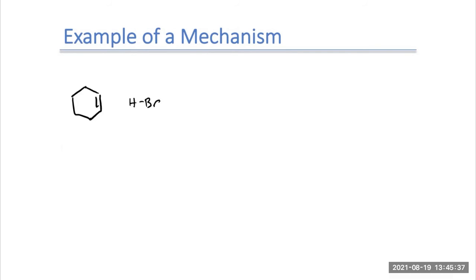It does the attacking. Since the HBr is a very polar bond, hydrogen is partially positive, bromine is partially negative, because bromine is more electronegative than hydrogen. So that double bond is going to take its electrons and attack the hydrogen, which then moves electrons onto the bromine.